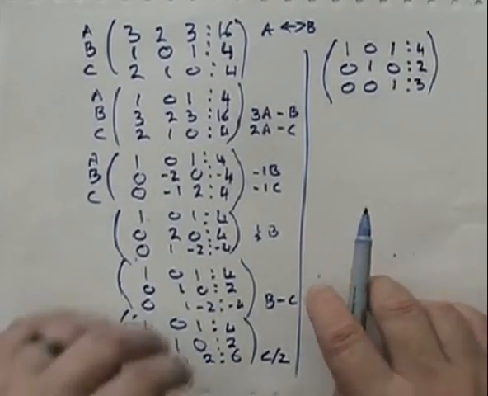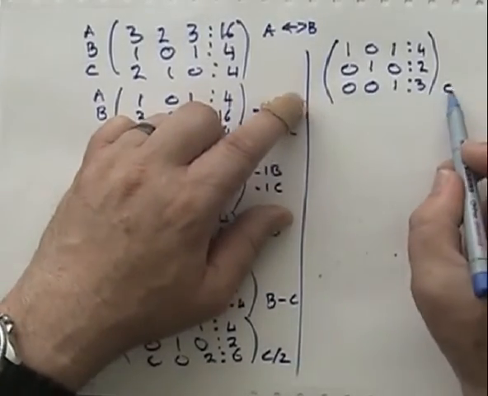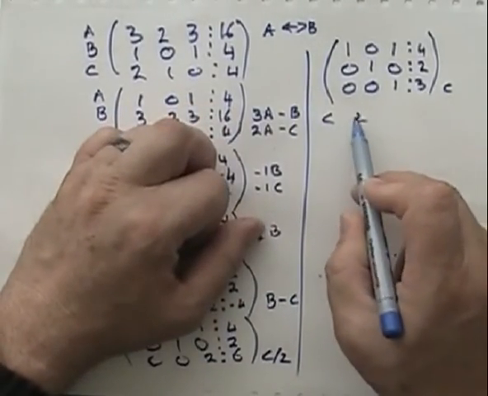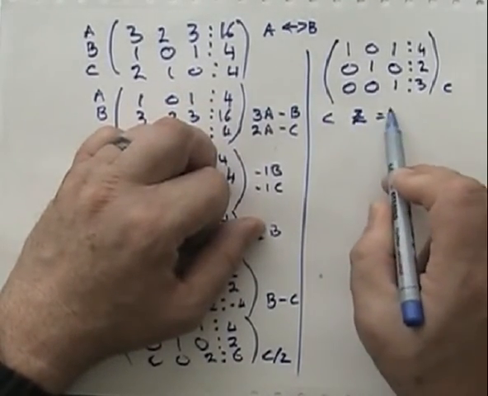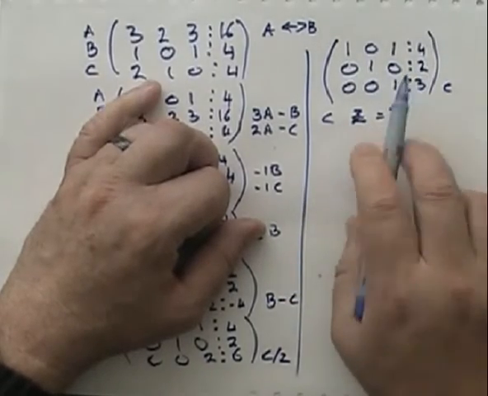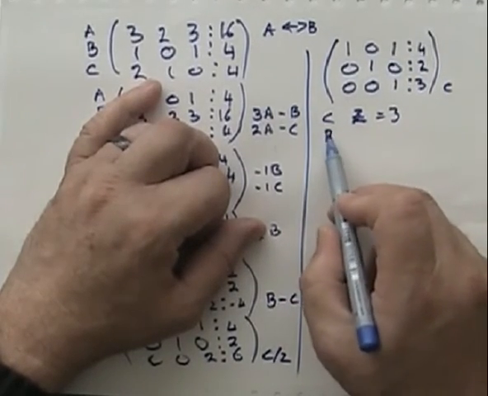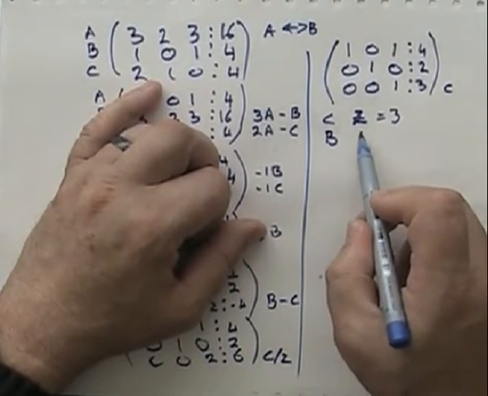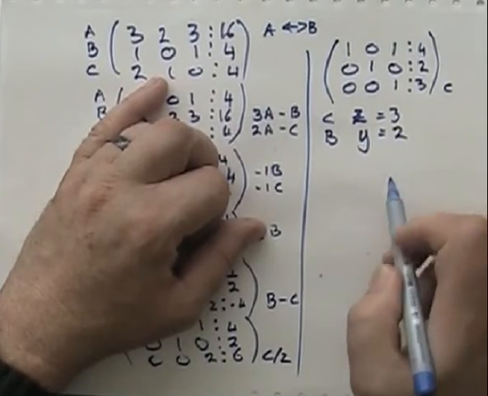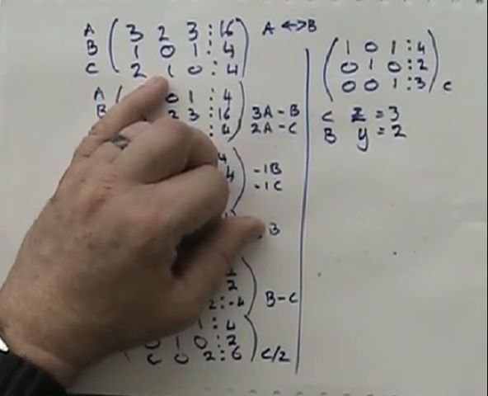So let's have a look. Basically, equation C says that Z equals 3. That's cool. Equation B says that Y equals 2. Again, that's nice.